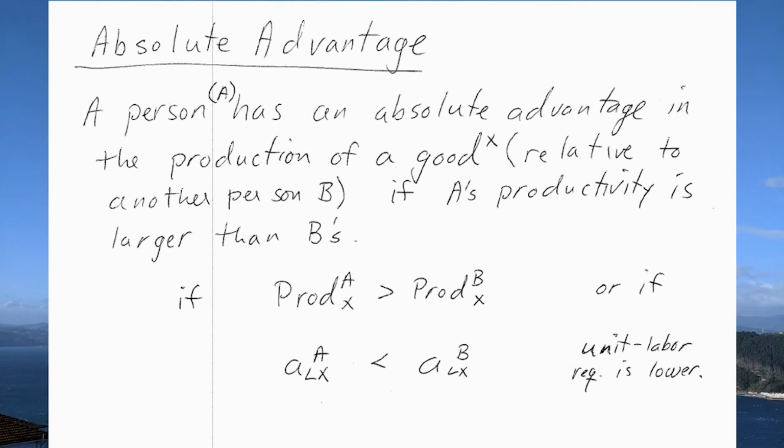And so a simpler way to say this is that, for example, Smith has the absolute advantage in the production of oranges if Smith's productivity for oranges, let's write this as O and S, is greater than Jones's productivity for oranges, J and O. Okay, so whoever has the higher productivity in the production of a particular good is going to be said to have the absolute advantage in that particular good.